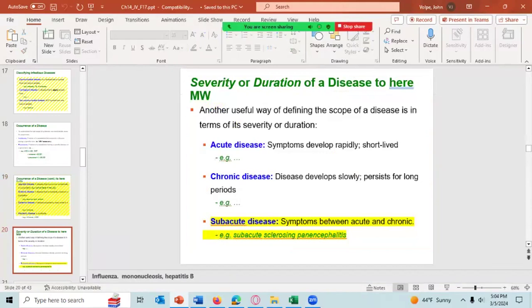In talking about disease, it's important to discuss the severity or duration of a disease. It's another useful way of defining the scope of a disease. We have acute diseases, and these are diseases where the symptoms develop rapidly, the disease is short-lived, and then the disease goes away.